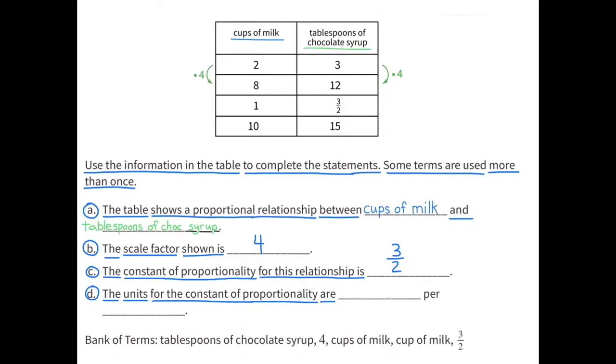D. The units for constant of proportionality are blank per blank. The units of the constant of proportionality are tablespoons of chocolate syrup per cup of milk.